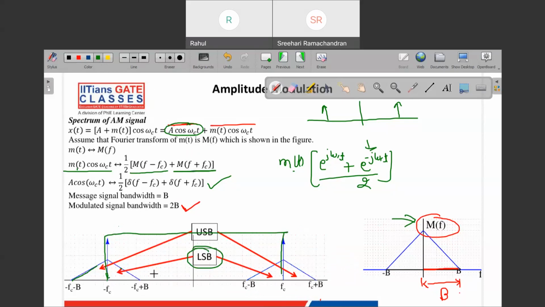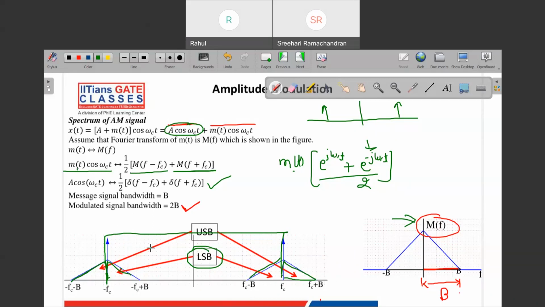So this complete thing is known as a sideband. This is one sideband, this is another sideband, this is also a sideband, and this is also a sideband. So we have the upper sideband and the lower sideband. The upper sideband is the portion outside this rectangle, and the lower sideband is the portion of the spectrum inside the rectangle.